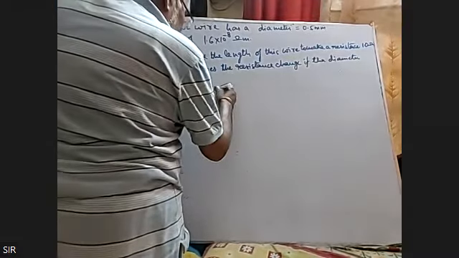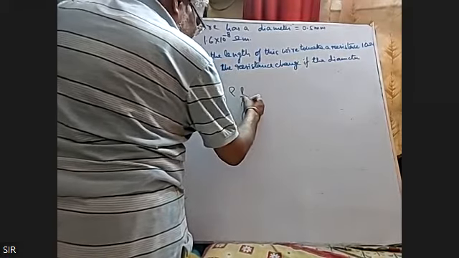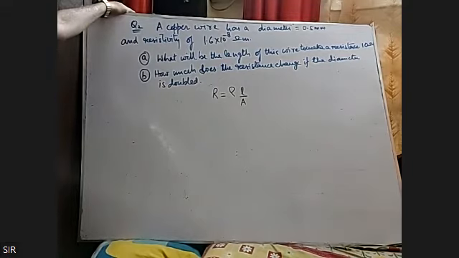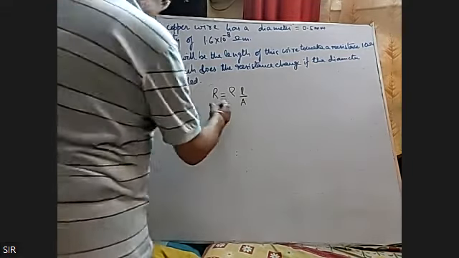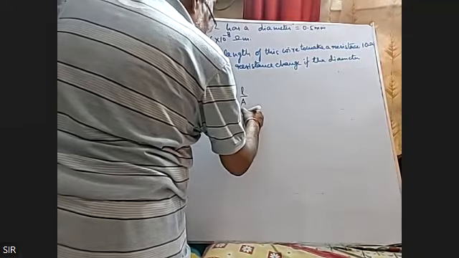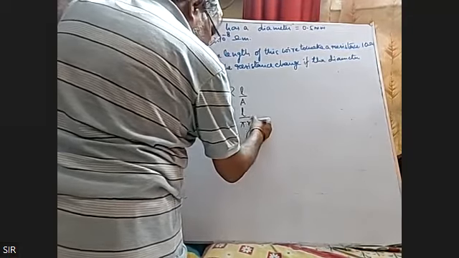See, R is equal to rho L by A. Am I right? Yes. That means R is equal to rho L by pi r square, in this case, area.